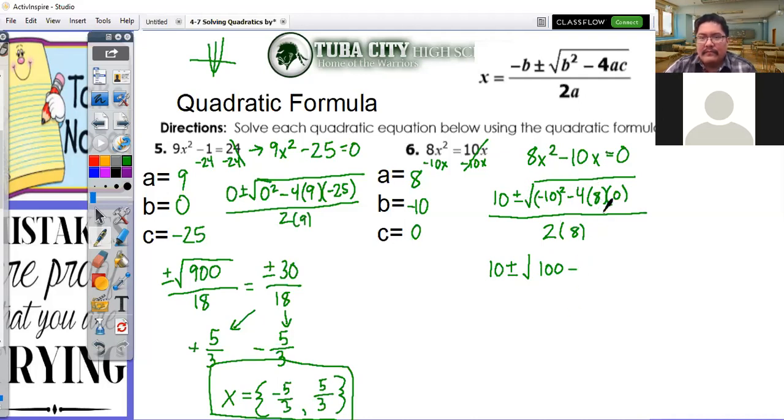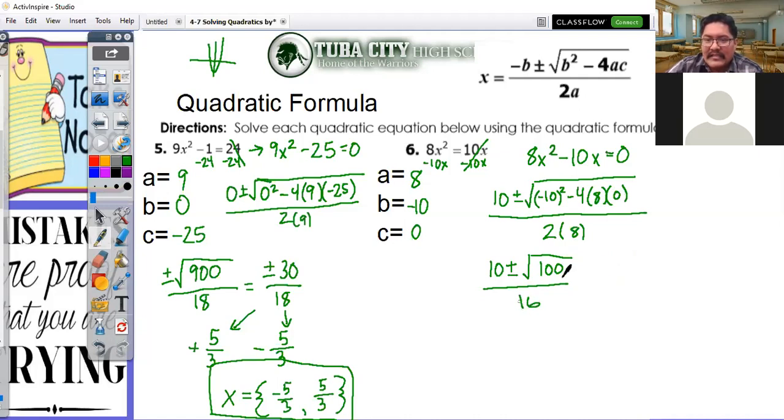Minus, and then here I'm going to have 4 times 8, which is 32, and then 32 times 0 is 0. Actually in this case, I don't really need the minus 0. Again, identity property: if it doesn't change anything, we don't need it. Subtracting 0 is not going to change it, so let's just throw it out. Less things to do, one less step.